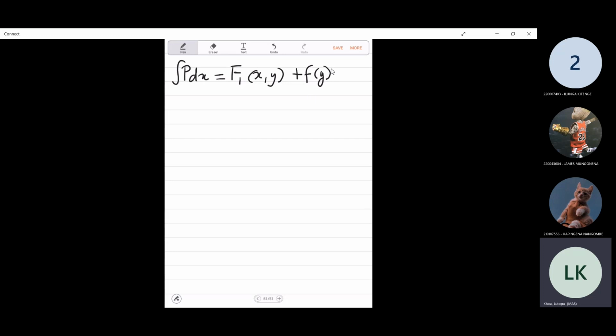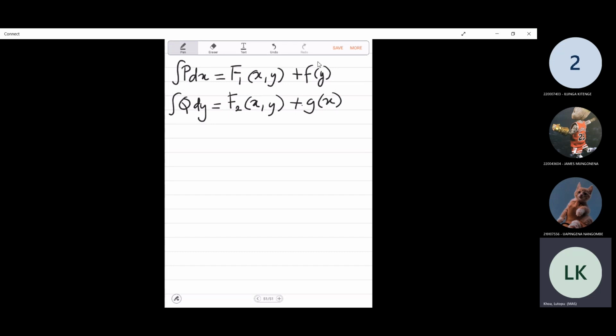Or I could integrate q with respect to y, then I get some function of x and y plus g of x. So again, instead of a constant, I have a function of x only, so that when I differentiate it with respect to y, the derivative is 0.